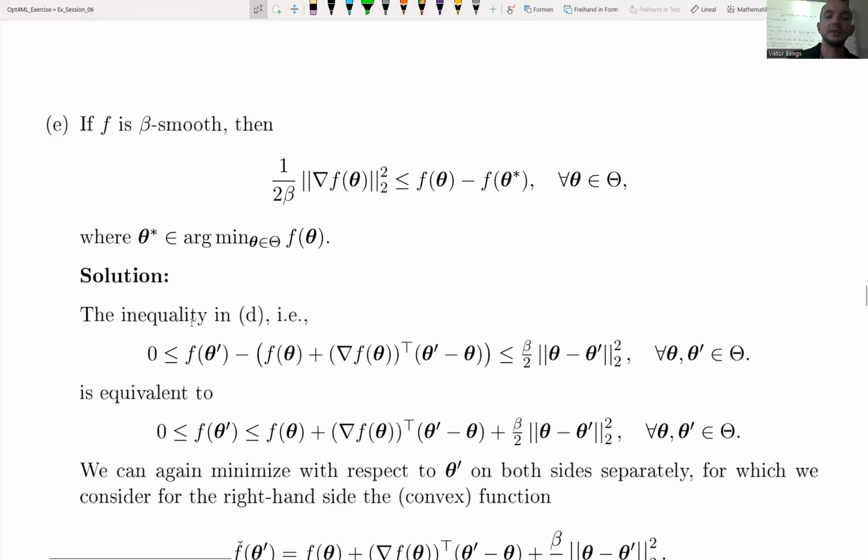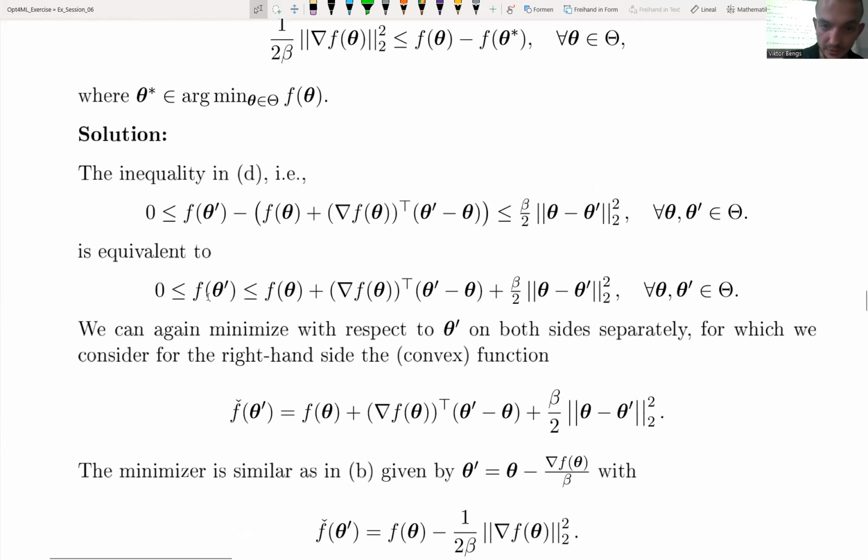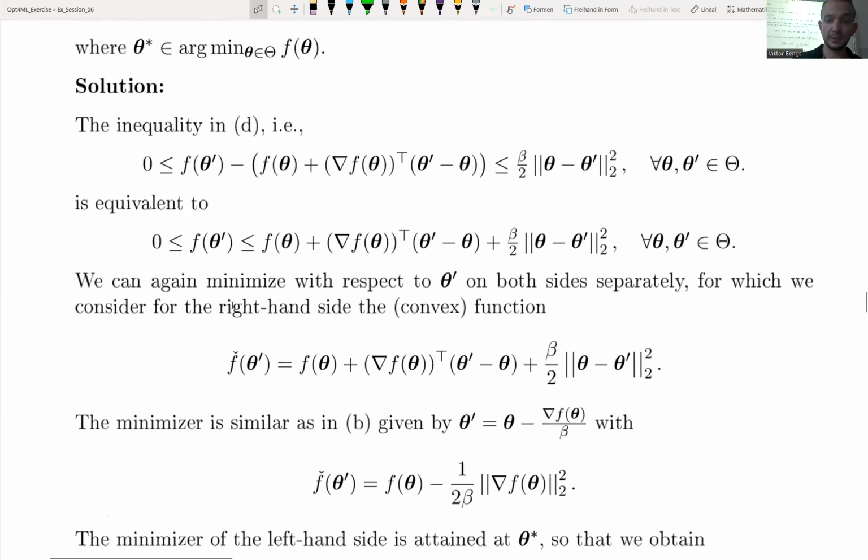So we start with the beta smoothness inequality we have just shown, which we can also conveniently express like this, as we always do, and do again minimization on the left-hand side and the right-hand side. Again, the inequality is preserved if we do this.